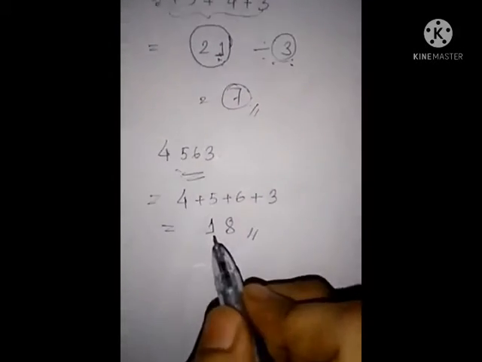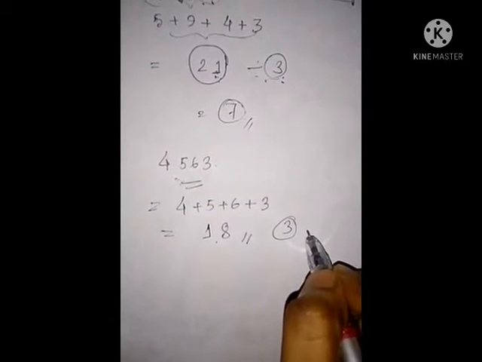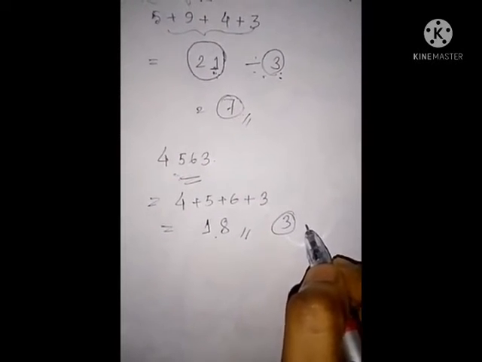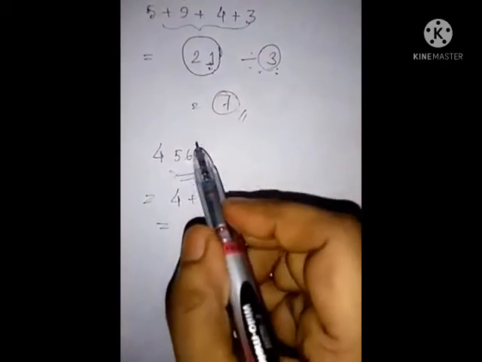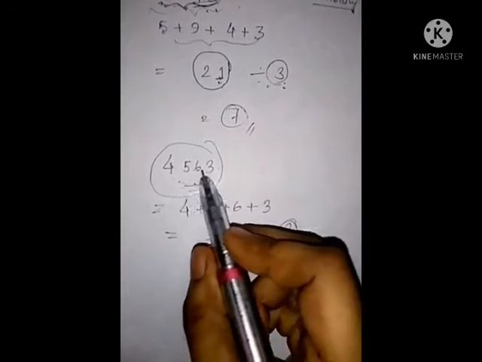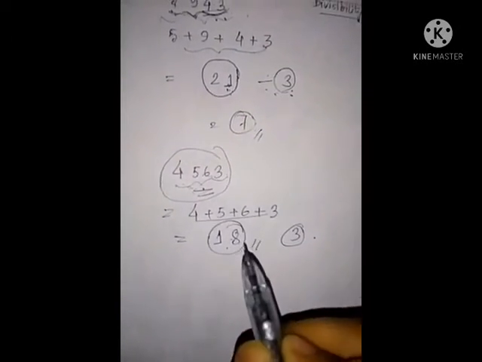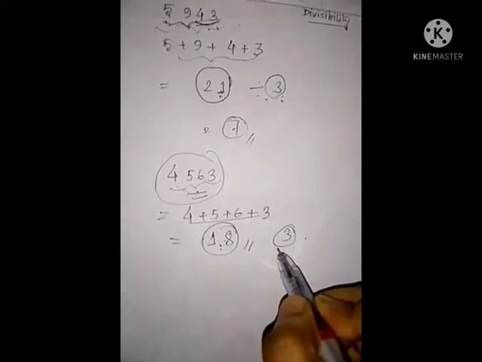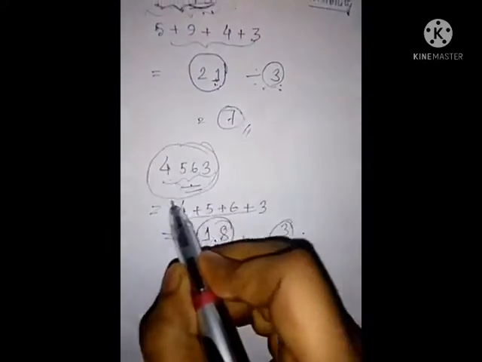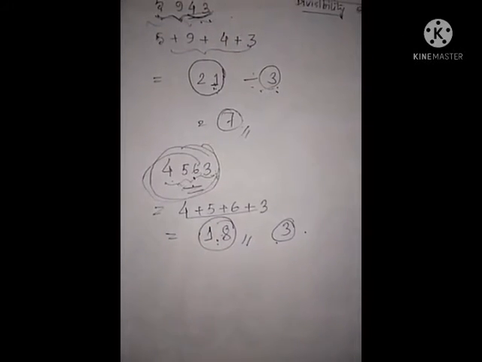We know that 18 is divisible by 3. 3 sixes are 18. So we can say that this number is divisible by 3, because the sum of the digits of this number is 18, and 18 is divisible by 3. So that's why this particular number is divisible by 3. Understand, students?